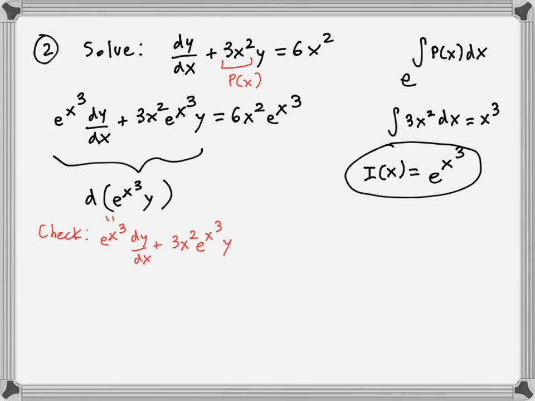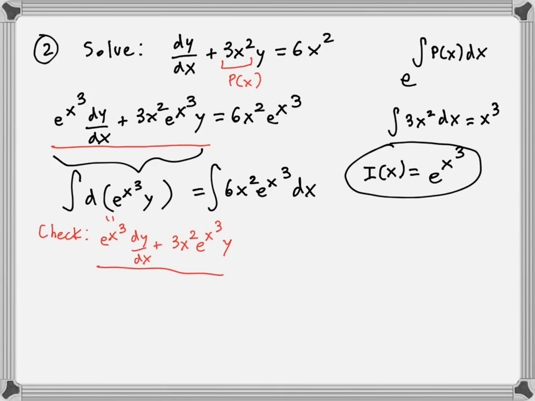And you'll notice that's exactly what we have up here. This matches this. So that's good. What do we get on the right here? We get that this is 6x squared e to the x cubed dx. And so I'm going to take the integral of both sides.